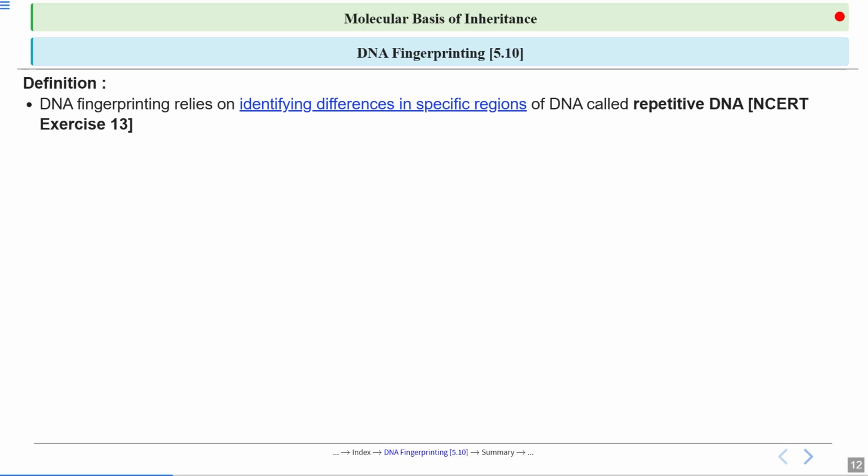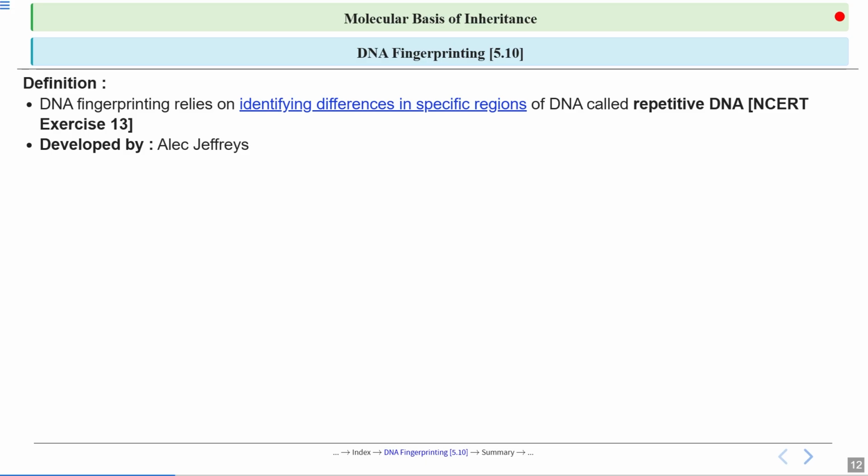As we told in previous slides, polymorphism is the foundation of DNA fingerprinting. It relies on identifying that polymorphism in a specific region of DNA we call repetitive DNA, and we have studied what repetitive DNA is in the previous slides.